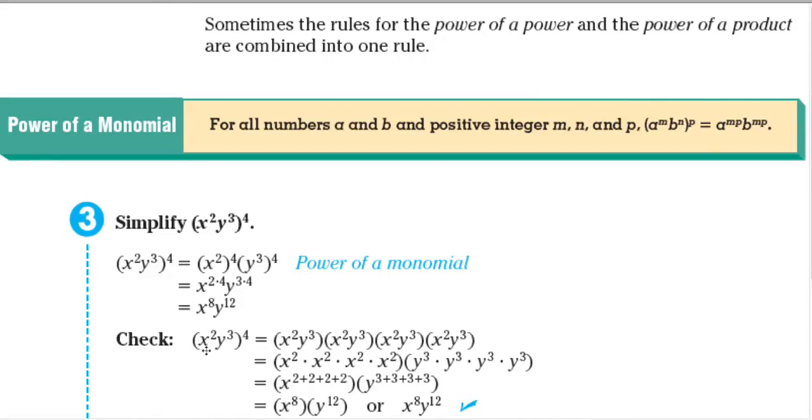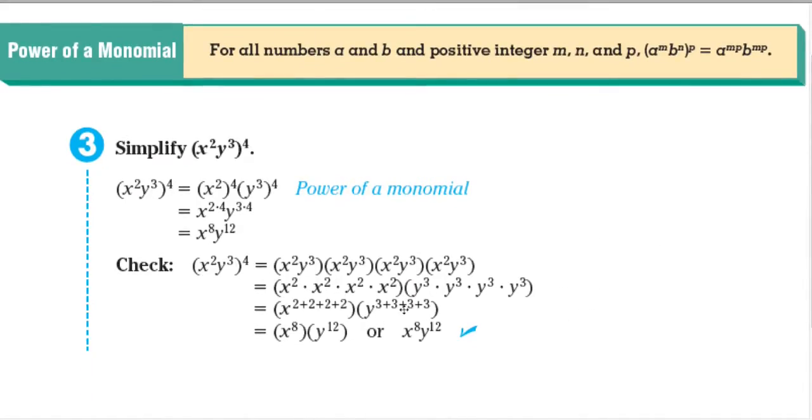If we use x squared y cubed as a factor 4 times, this is what comes out: 1, 2, 3, 4, 4 times. We use the commutative and associative properties for this. We now have x squared, x squared, x squared, x squared, multiplied all together. Same thing with the y cubed. Now we have multiplication of powers, where you add the exponents when you're multiplying powers.